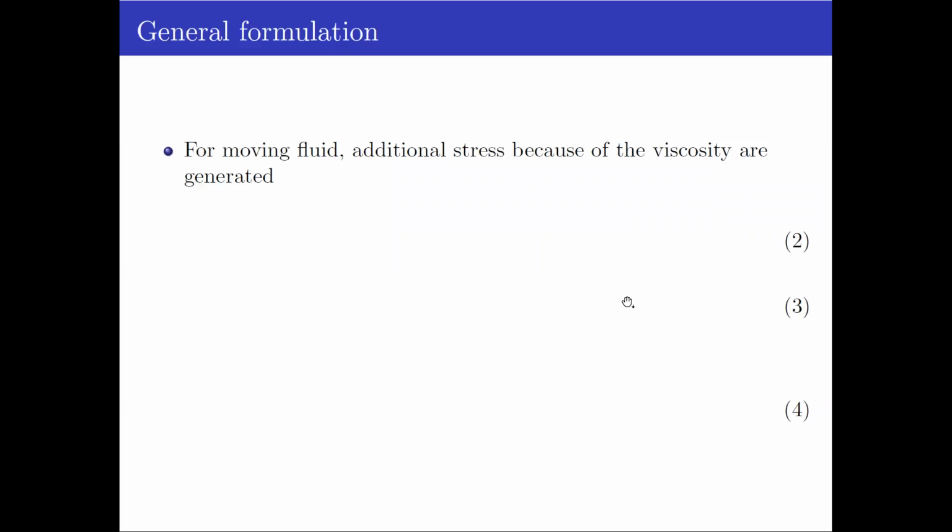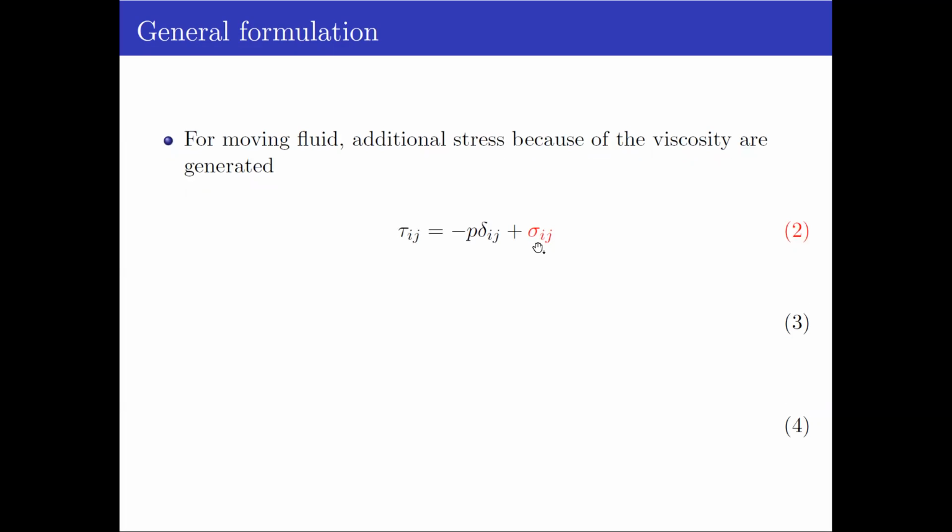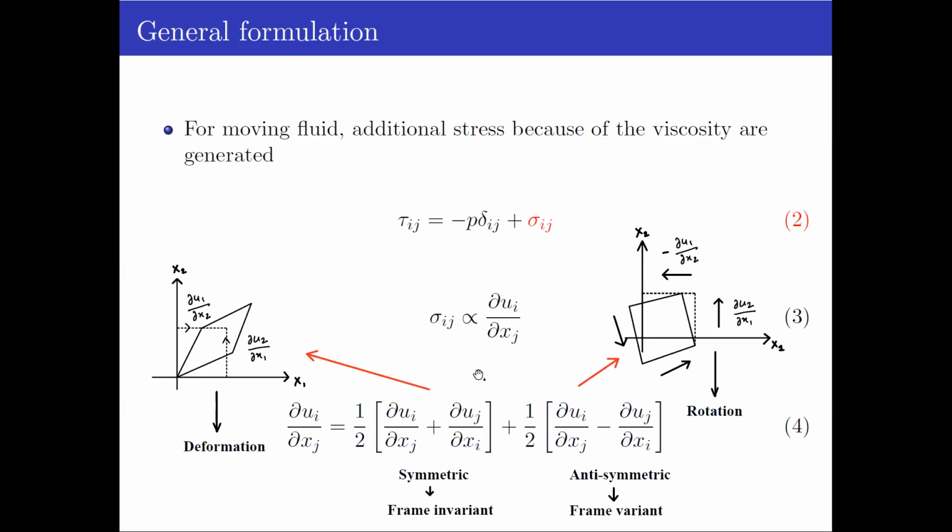If the fluid starts moving, then additional stresses because of viscosity are generated, which are written in terms of sigma ij. Then sigma ij is taken proportional to the velocity gradient, and this velocity gradient can be divided into two parts, one being the symmetric part and another being the antisymmetric part.